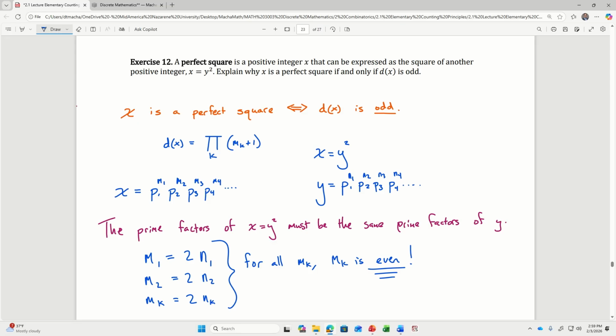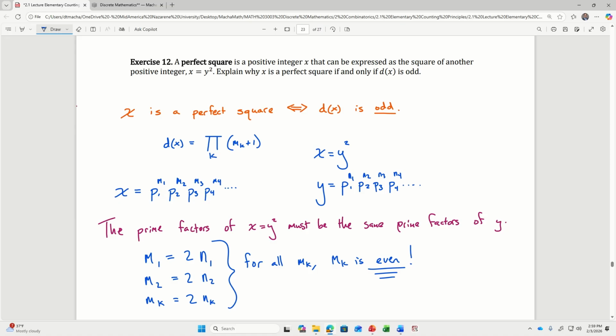In the reverse direction, if I'm trying to prove this if and only if statement, I have to not only show that if x is a perfect square, that implies the number of divisors is odd. We just discussed that together. But I also have to explain why getting an odd number of divisors would have to imply that x is a perfect square. Conversely, if this is an odd number, there cannot be any even factors, because an even factor would immediately make the product even.